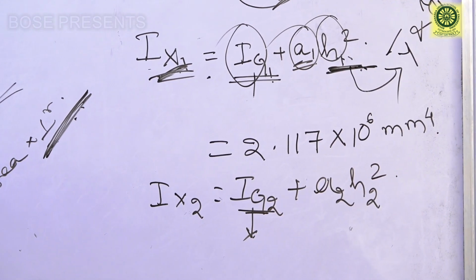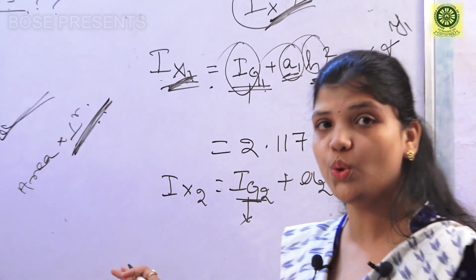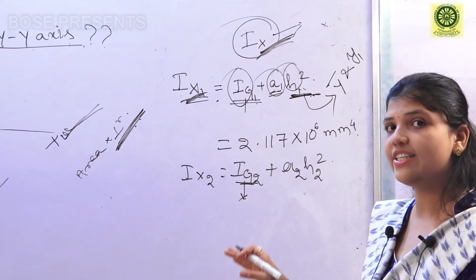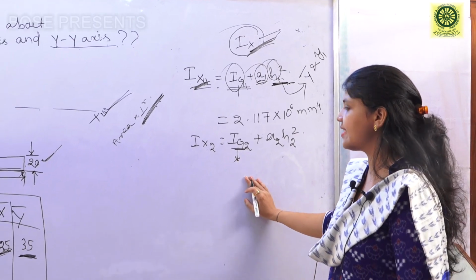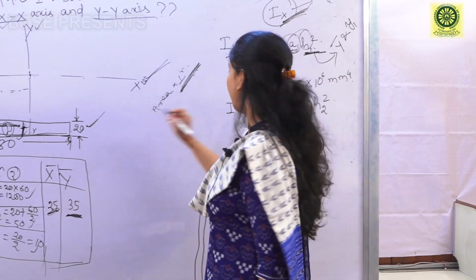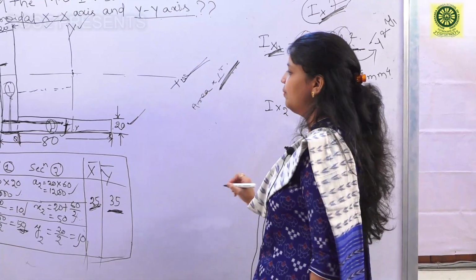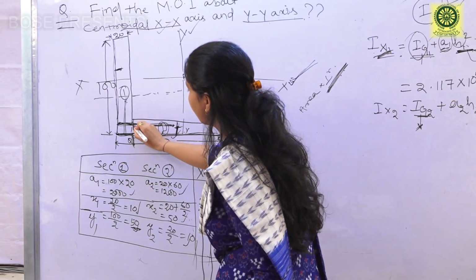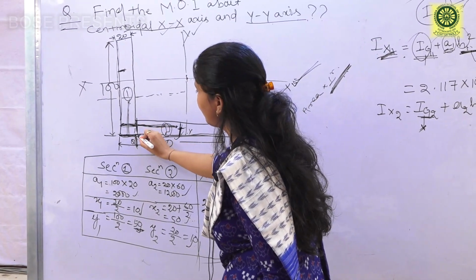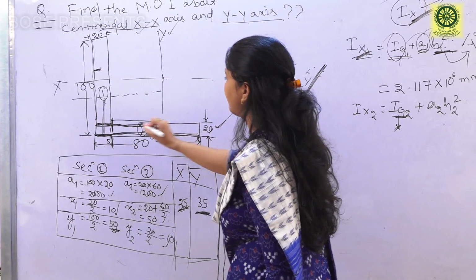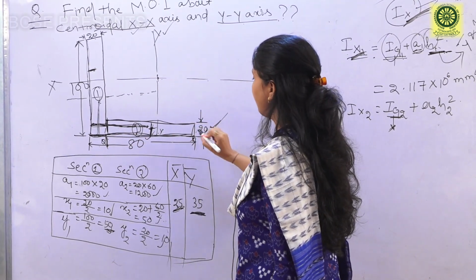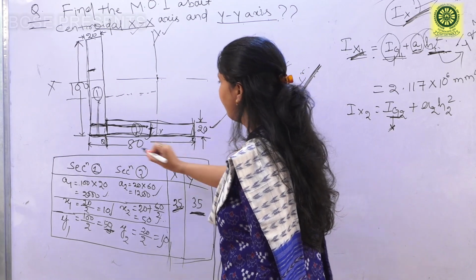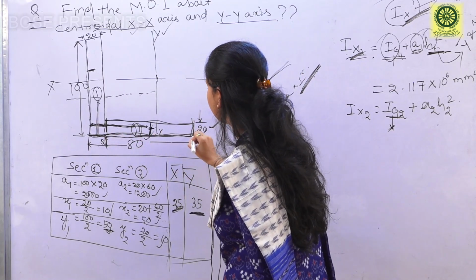Ig2 is the moment of inertia of section 2 about the axis passing through its centroid, and that axis is parallel to the x-axis. So what will be the value of Ig2 for this section? Let's focus on this section. For this section we have to calculate the moment of inertia. Here this is 20 and this is 60.